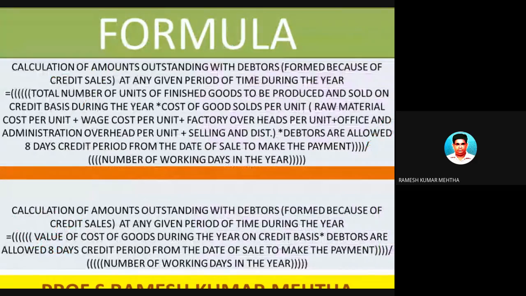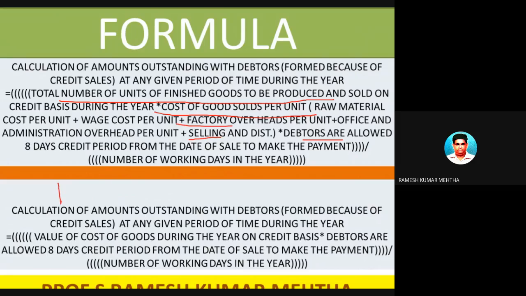Now let's look at the formula. The formula is total number of units sold on credit basis into cost of goods sold per unit into the time allowed to debtors. I told you what costs are to be included and how many days debtors are allowed.